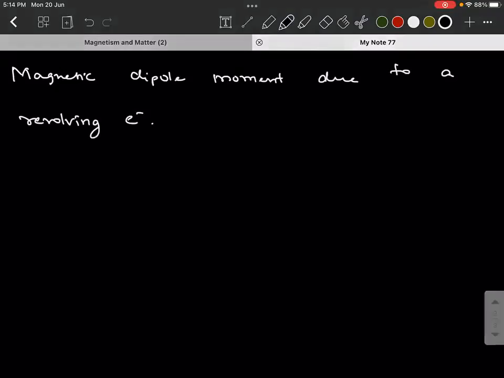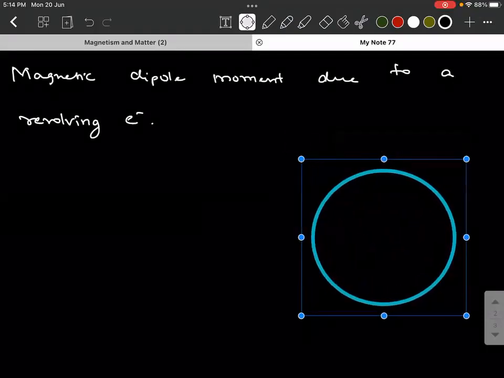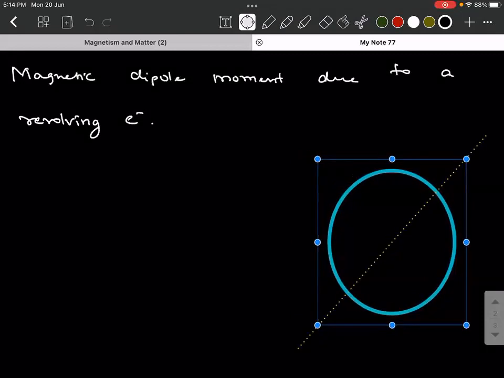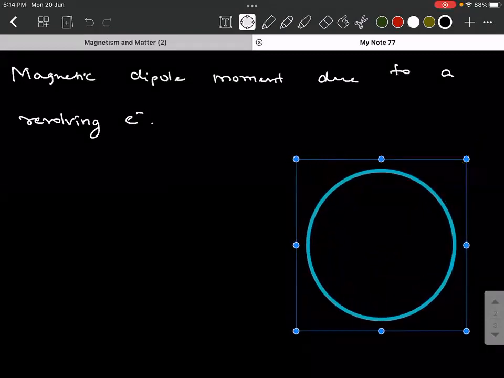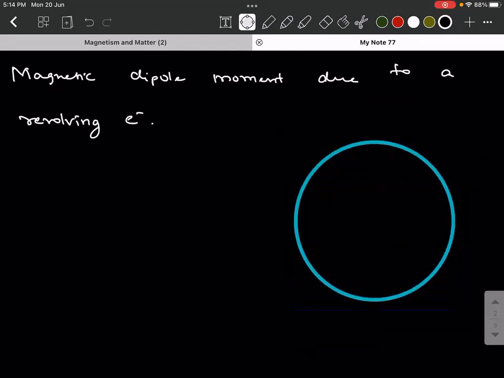Now see. Let us say there is an electron which is revolving in the anti-clockwise direction, with a speed v.